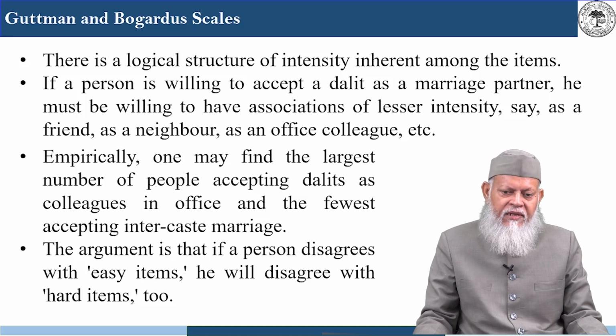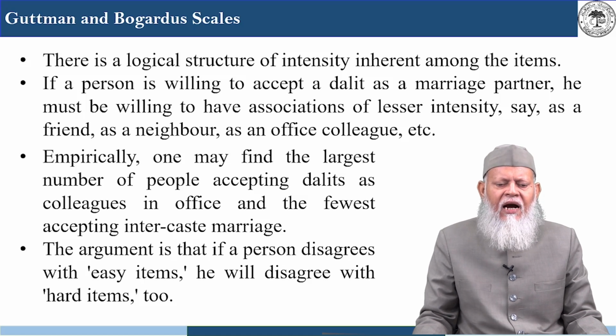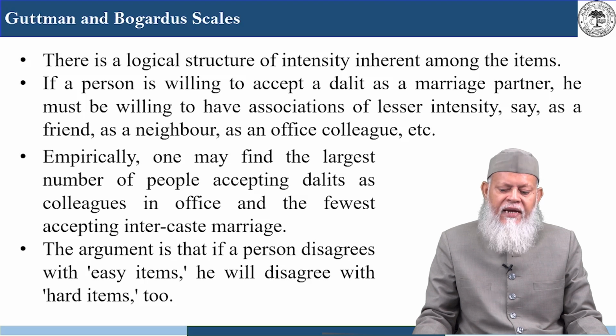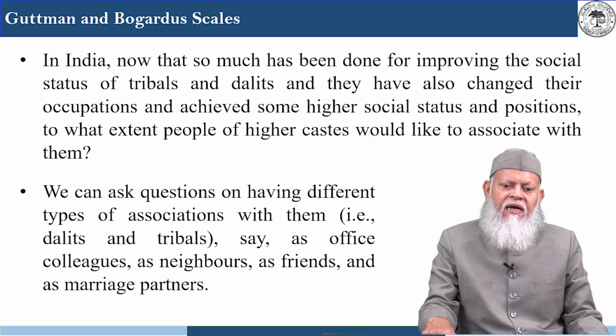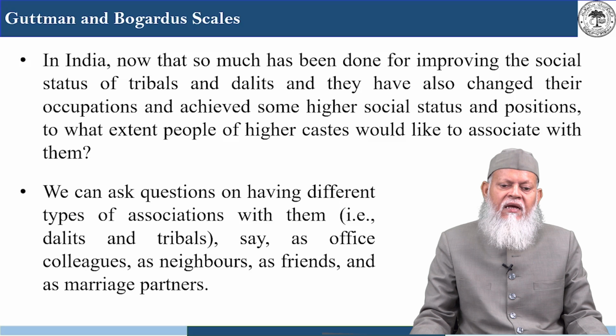So, if a person agrees with the hard item, that is say marrying, then it means he agrees to all the easy items before marriage, that is accepting as friend, accepting as neighbor, accepting as colleague.